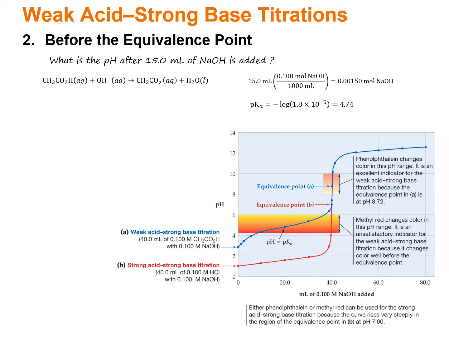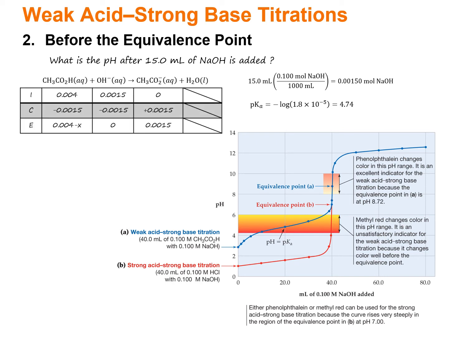And I used an ICE diagram. You can use it for non-equilibrium type problems to just sort of neatly put everything together. And so if we look at this, we have the 4 times 10 to the minus 3 moles of acetic acid. And I can't remember if I said 3 or 4 times 10 to the minus 3. It's 4 times 10 to the minus 3 moles that we would have started with of acetic acid.